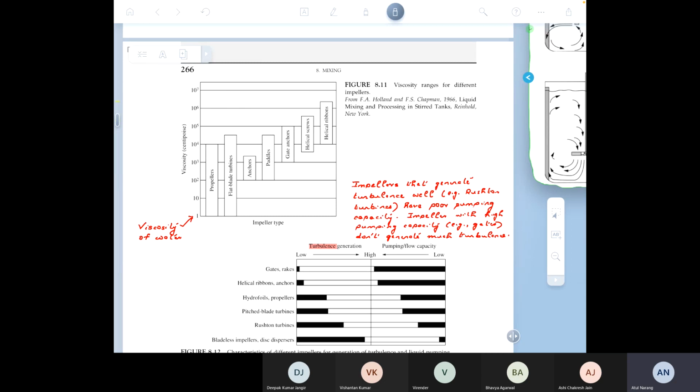And on the y-axis, they're showing the impeller type. So you can see that basically the propeller and the Rushton turbine are used when the viscosities are low. When the viscosities become really high, you start using those other ones I showed you, the gate anchor and the helical screws.